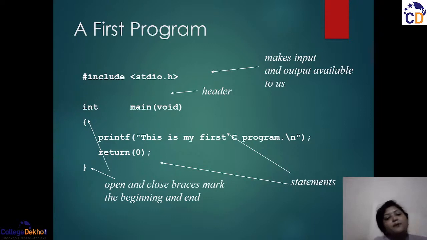And then you define that function and write down whatever statements you want. In this main function, there are two statements written. First is the printf and the second is the return statement, and then you close the brace, right?